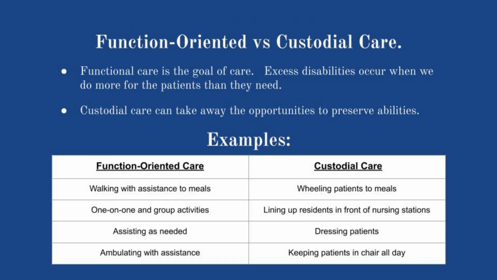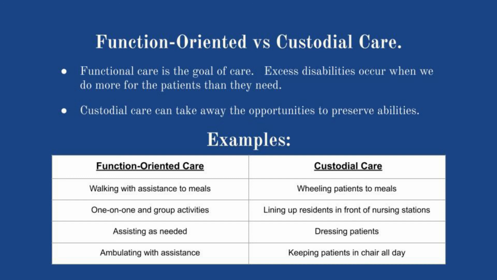There is a concept in caregiving, which is function-oriented care versus custodial care. Functional care is the goal of care. Excess disabilities occur when we do more for the patients than they really need. Custodial care can take away the opportunities to preserve abilities.